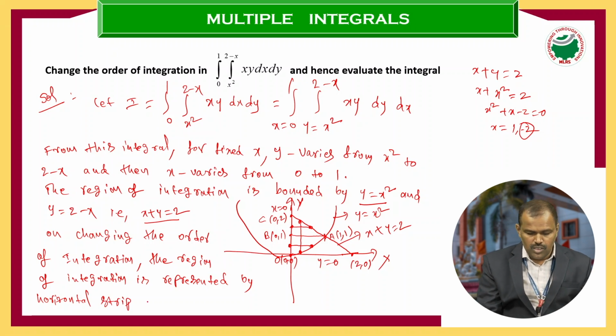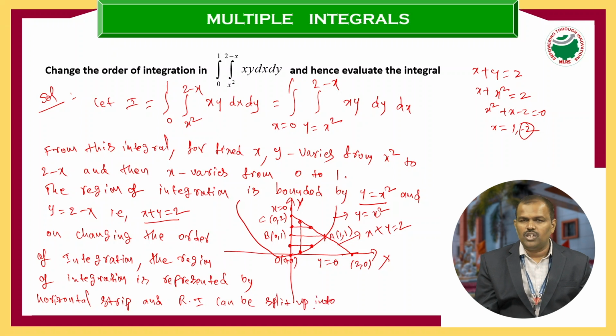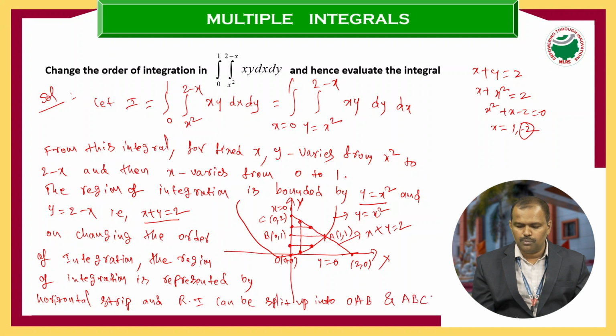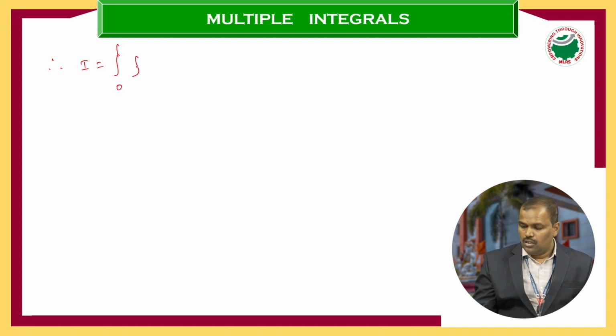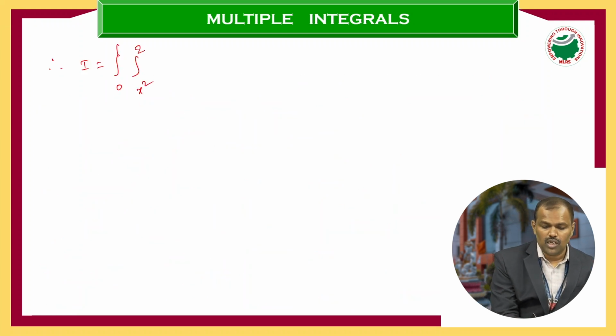The region of integration can be split up into two regions, OAB and ABC. So therefore the given integral I, integral 0 to 1, integral x square to 2 minus x, xy dy dx.